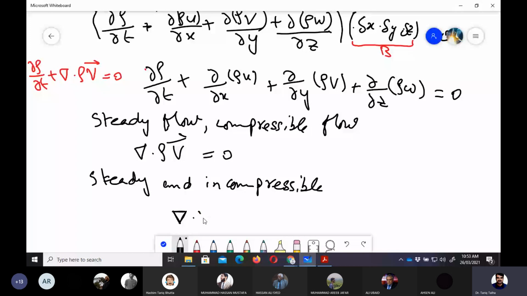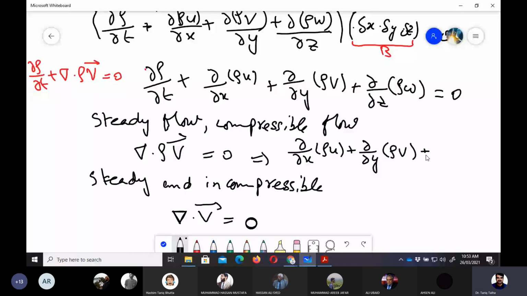If I write it in component form, here I can write partial by partial x of rho u plus partial by partial y of rho v plus partial by partial z of rho w equal to 0, and here, in component form, that would be partial u by partial x plus partial v by partial y plus partial w by partial z equal to 0.